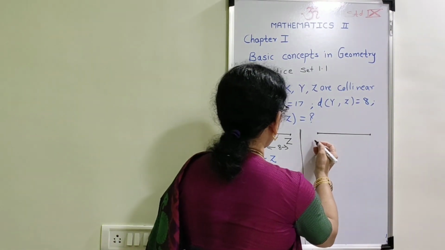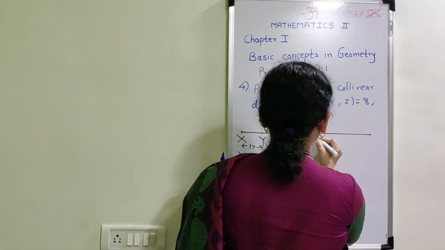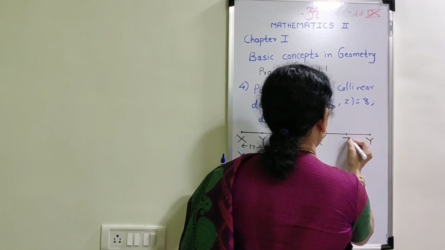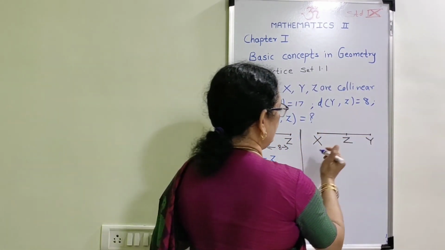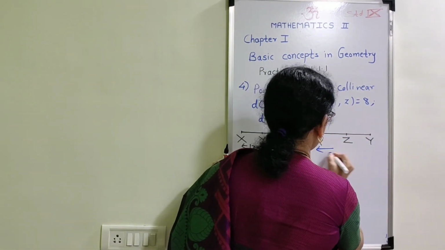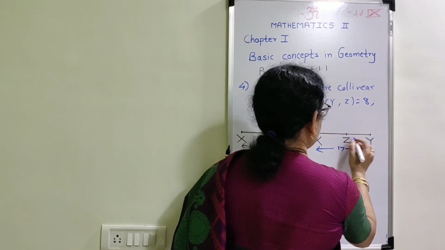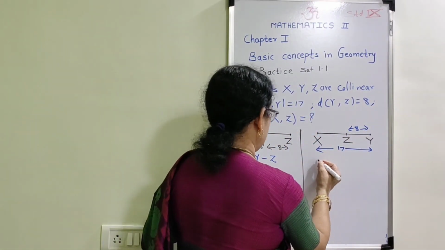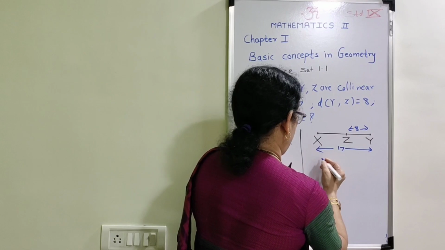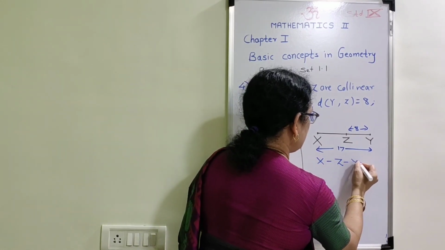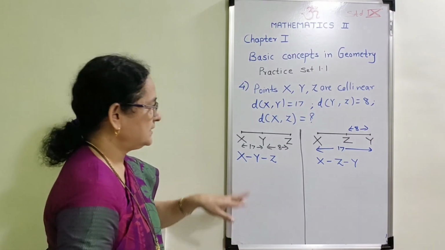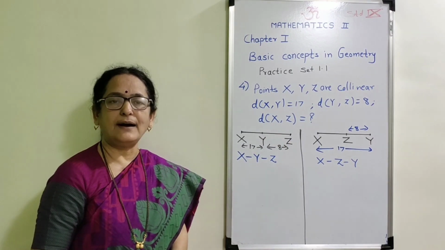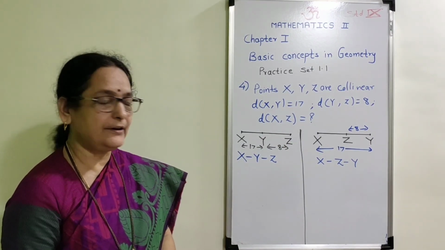The second, here also we are going to consider X, Y, and in between them Z. Here distance XY is given as 17, YZ is 8, and therefore using this betweenness, that is X-Z-Y. But the third possibility is not possible. X does not lie in between Y and Z with the help of the given distances.